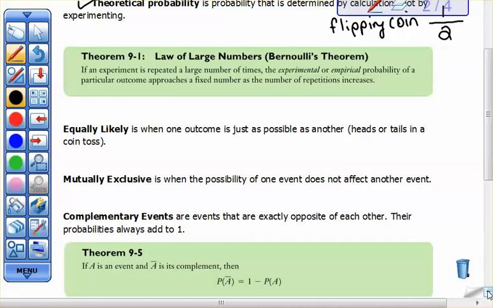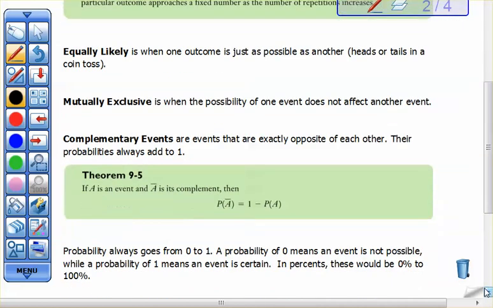Complementary events, this is something else we need to talk about. These are events that are exactly opposite of each other, and their probabilities always add up to 1. Those are indicated by, if you call an event A, then A with a bar over it is its complement.